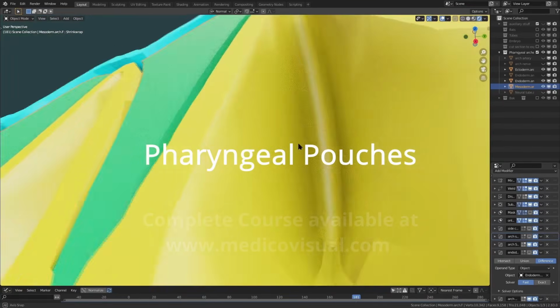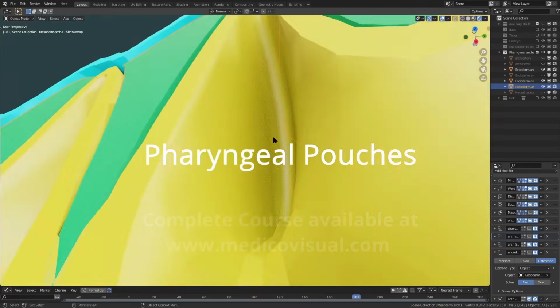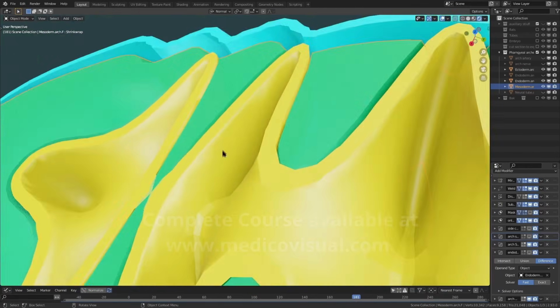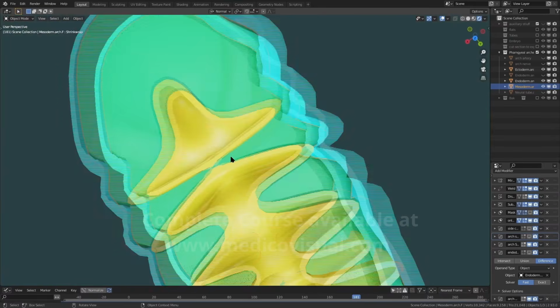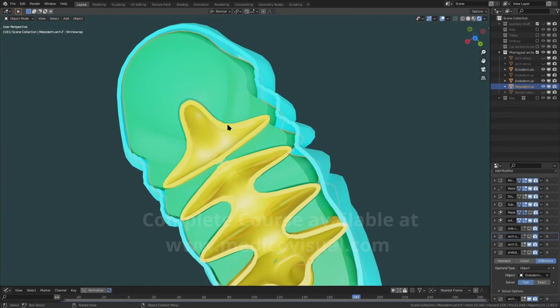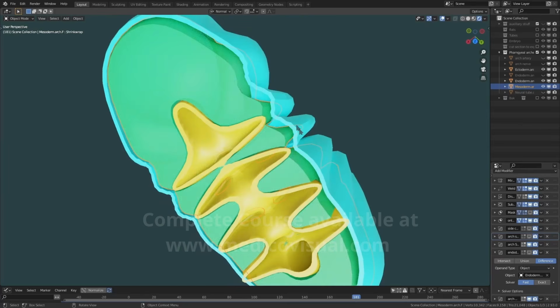So here you can see that here is a pharyngeal pouch. So pharyngeal pouches are formed between first and second arch, then between second and third arch, then between third and fourth arch. So here is the first arch, and here is the second arch.